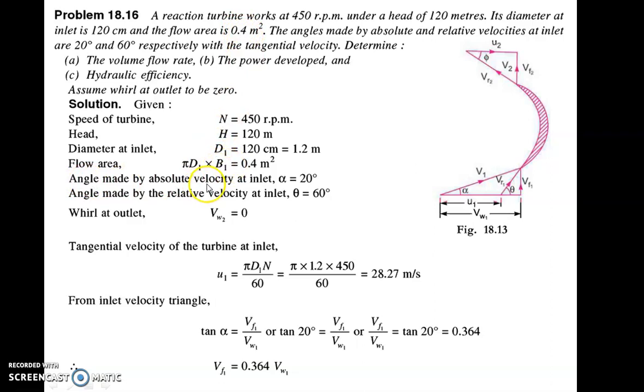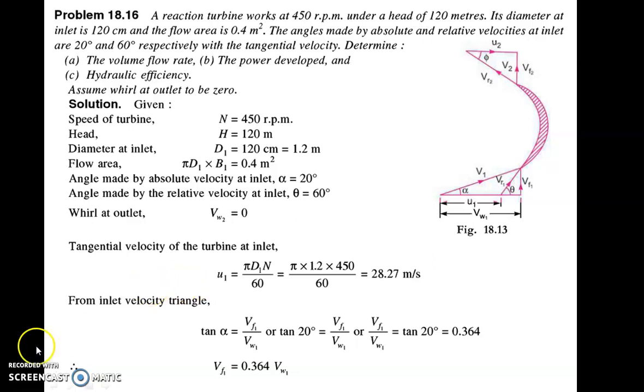The angles made by absolute velocity and relative velocity at inlet, alpha and theta, are 20 degree and 60 degree respectively. Whirl at outlet Vw2 is equal to 0. So the tangential velocity U1 you can easily calculate, because D1 is given: pi D1 N by 60 will give you U1 as 28.27 meter per second.